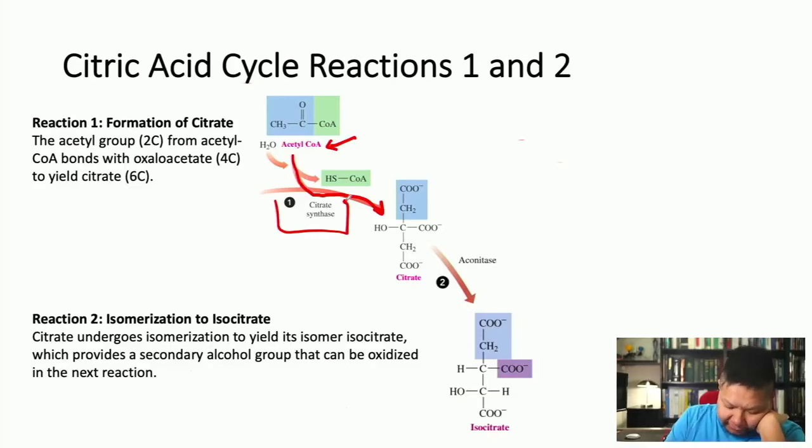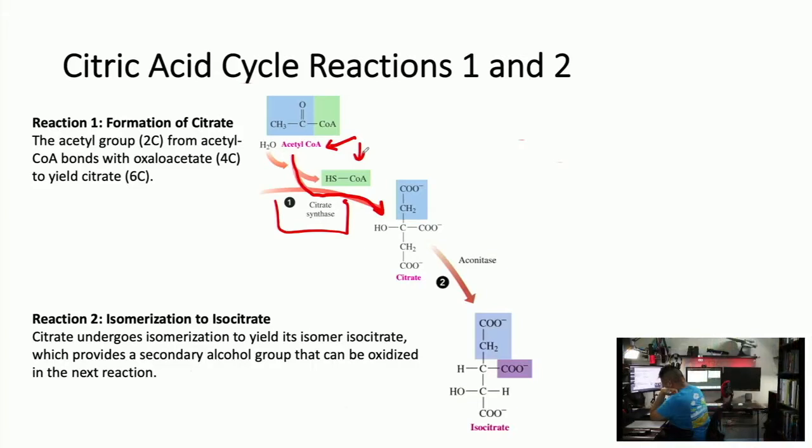You took acetyl-CoA, you put it into citrate synthase, and it made citrate, right? So literally, citrate synthase is an enzyme that synthesizes citrate.